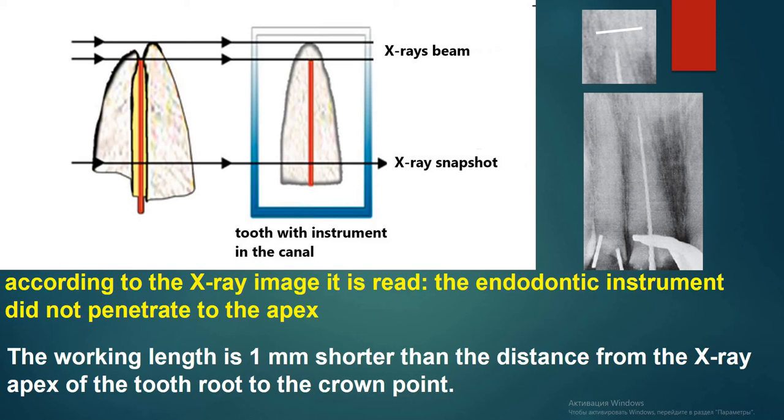According to the X-ray image, it is read: the endodontic instrument did not penetrate to the apex. The working length is 1 mm shorter than the distance from the X-ray apex of the tooth root to the crown point.